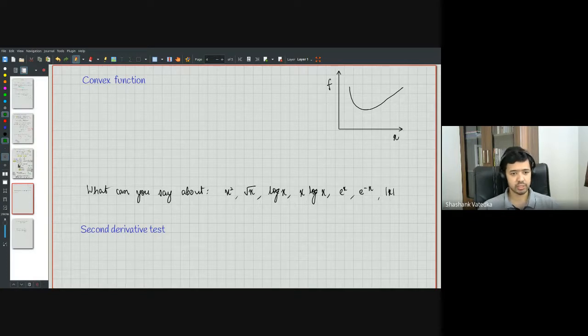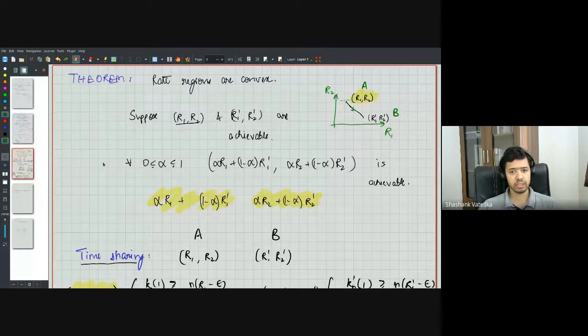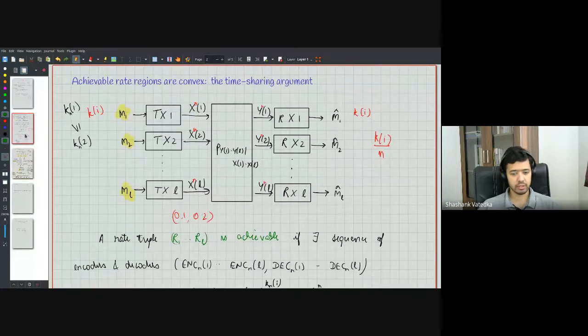Note that if you think about it carefully, this is fairly general, and it holds not just for the setups indicated over here, but also for, say, the multiple access channel or the broadcast channel. But there was one property that we used.